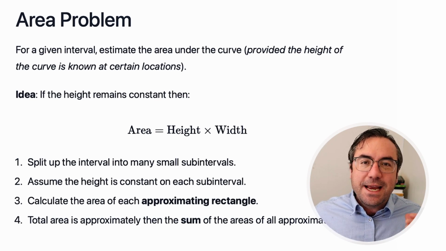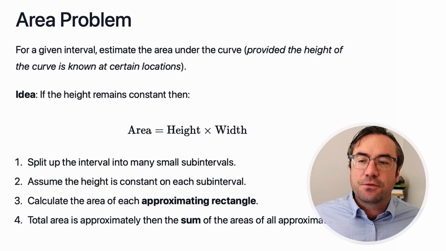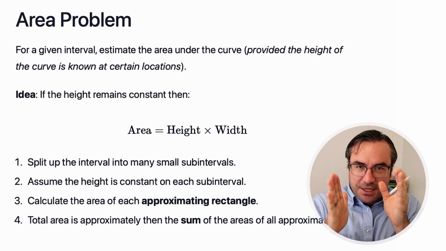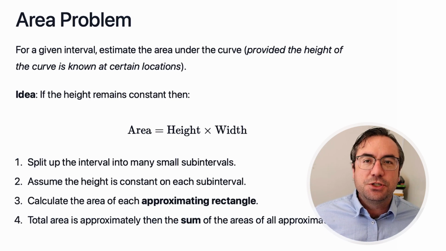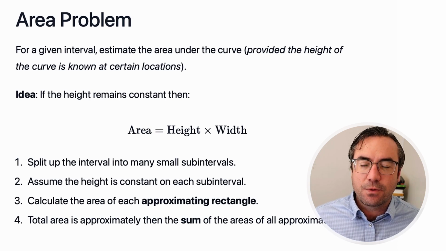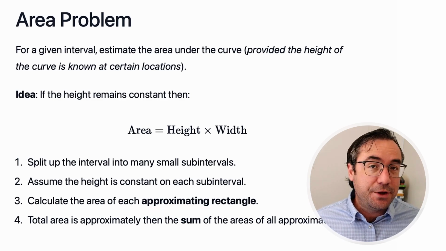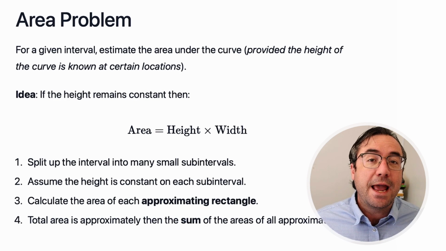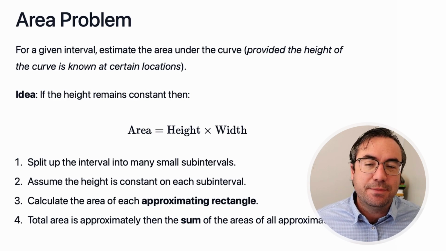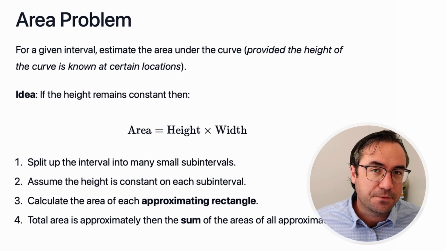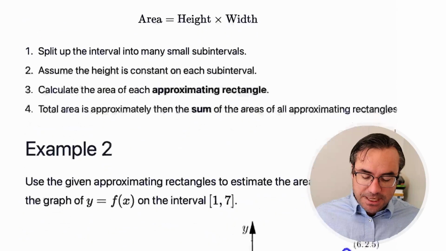So we break the region under the curve apart into a whole bunch of tiny approximating rectangles. Once we find the area for each rectangle, we add them all together to get our estimate for the total area under the curve.